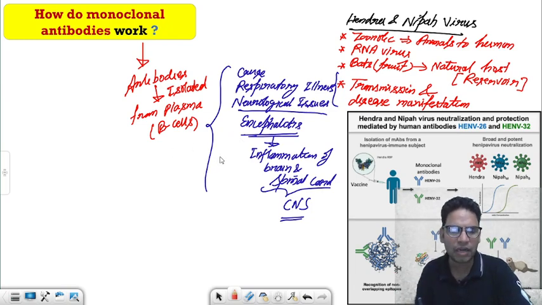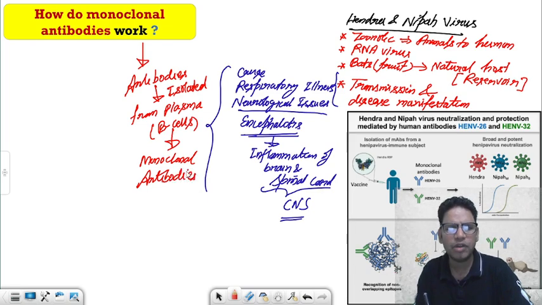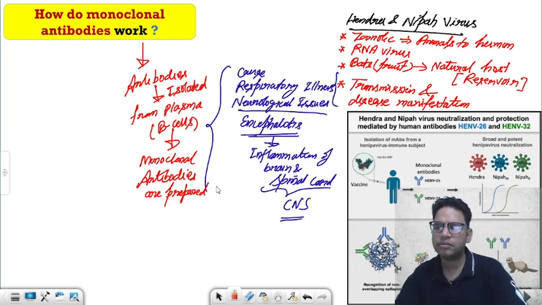And what is done now? From here, monoclonal antibodies are prepared. We are not getting into too many details. This is how it is.